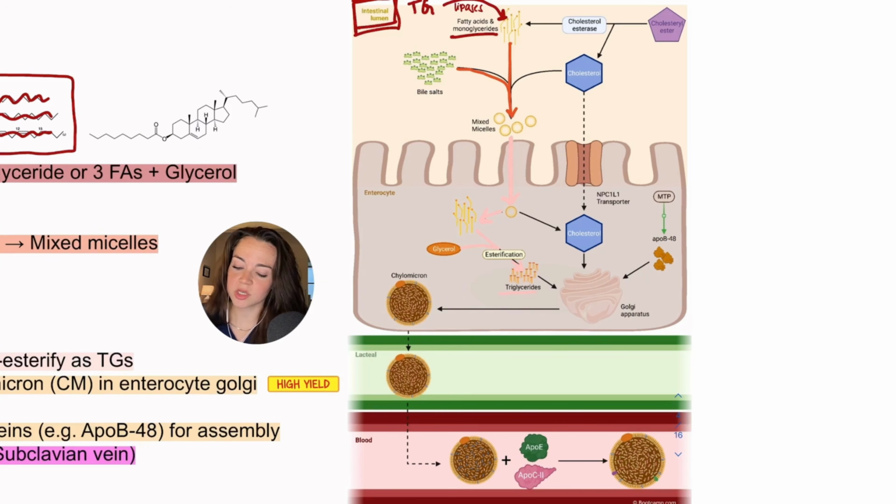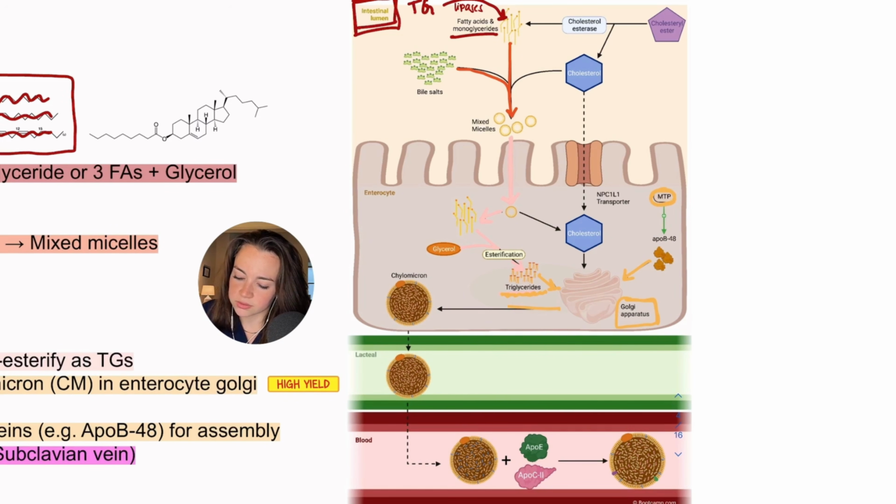So let's go back to our image here. Remember, we had left off after re-esterifying those triglycerides in the enterocyte. Now we're going to package them into a chylomicron, and that's happening in the Golgi of these enterocytes. So we'll put in the triglycerides, and we'll put in the cholesterol, which we're coming back to in a second, and we'll put on that ApoB48 packing tape to keep everything snug. And remember, the molecule facilitating that is the MTP protein.